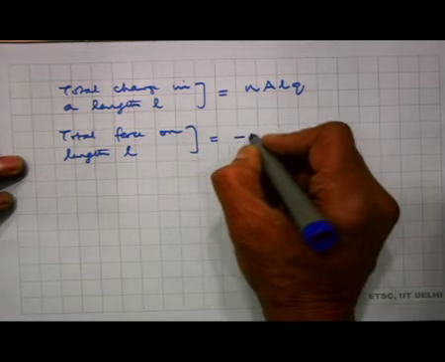Instead, if I have electrons going downwards constituting the same current, v cross B is now in this direction, but because the charges are negative, the force is essentially back in the same direction. So, independent of whether I consider positive charges moving up or negative charges moving down, the net force acting on the wire is given by this direction here, which is F equal to I dl cross B on current carrying conductors of infinitesimal length dl.